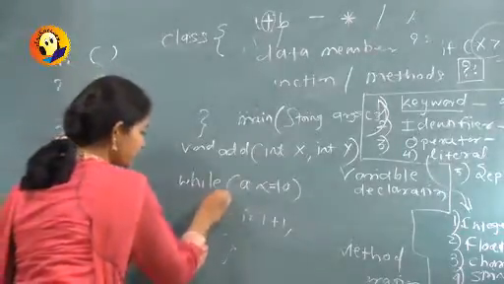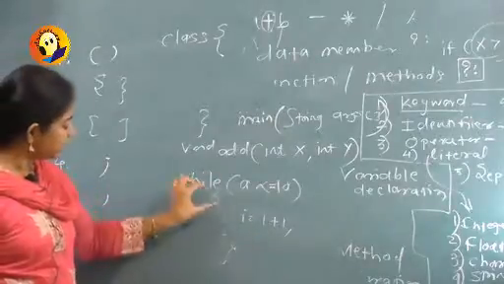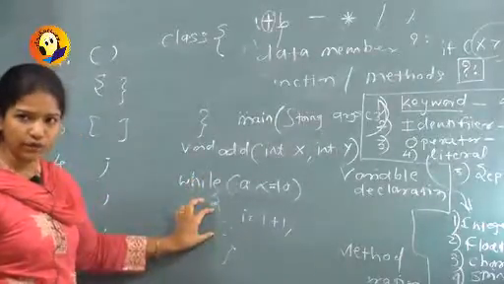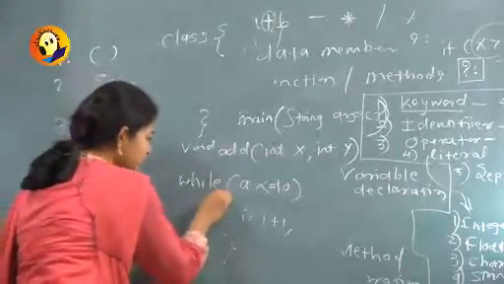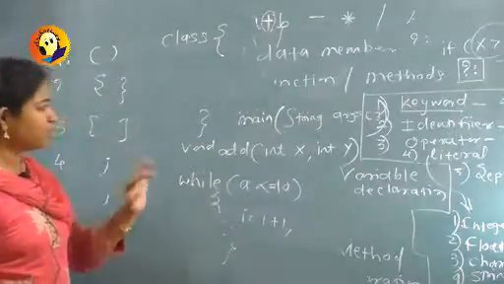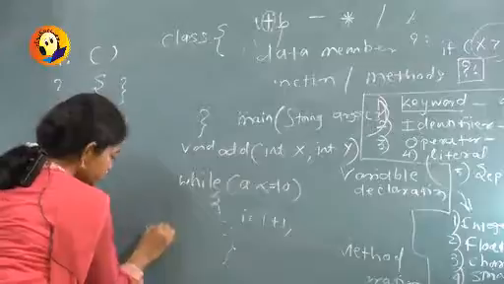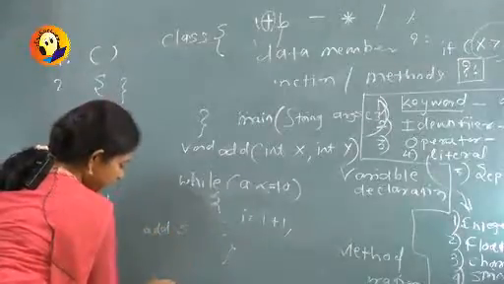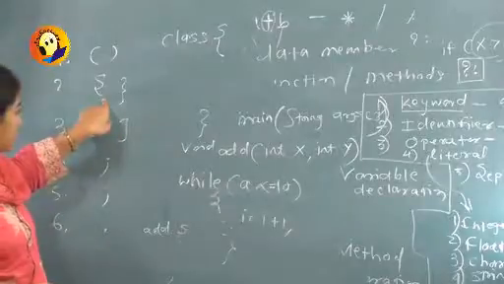Again, if you want to provide the body of a loop, you need separators; without them you cannot provide a body for a loop. If you want to provide a body for any method, you also need to use opening and closing brackets. So this is about the second separator.